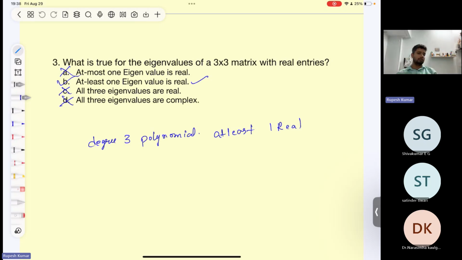So option A says at most one real. That is wrong. Option C, all three are real, is not always true, and all three complex is never possible. Option C is possible in some cases, but not all. But option B says at least one eigenvalue is real. This is always true. So that's why we get this answer.